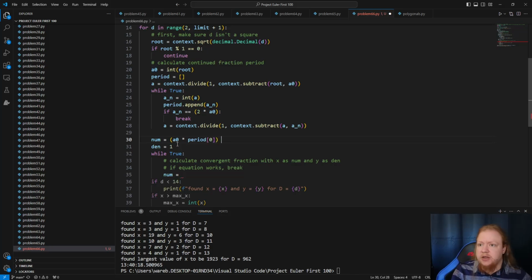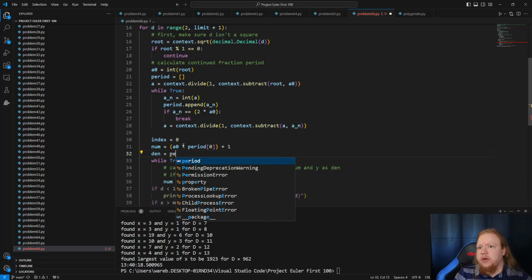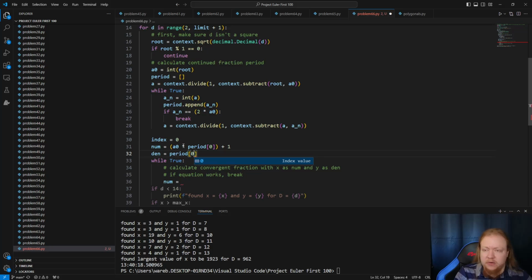I almost forgot. Plus 1. And then the denominator is just going to be, x equals 0. The denominator is period 0, and that's the first one.